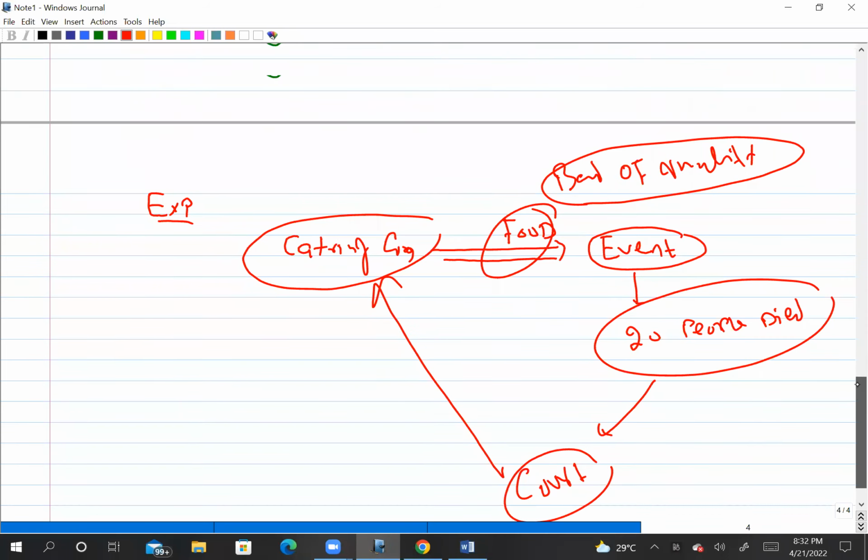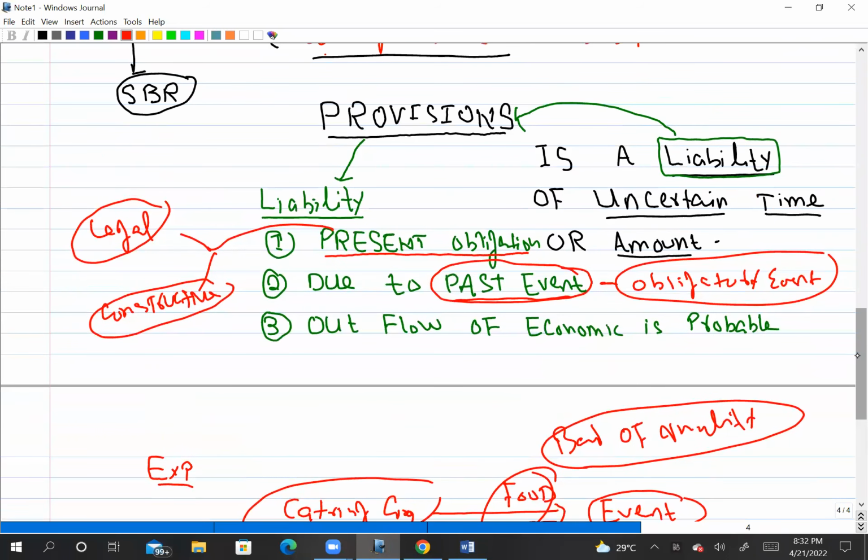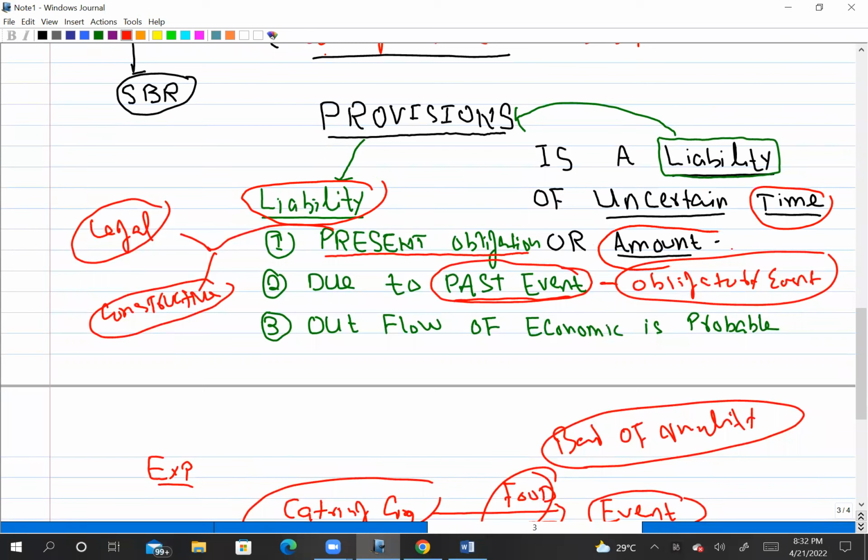So the present obligation is that we have to give the compensation. The past event is the delivery of the food, and as a result there will be an outflow of economic benefit. So it meets the definition of the liability. Now, if in this liability the timing of settlement or the amount needed to settle the liability is not confirmed, is uncertain, then such liabilities are known as provisions.